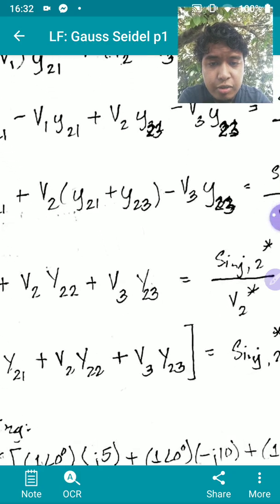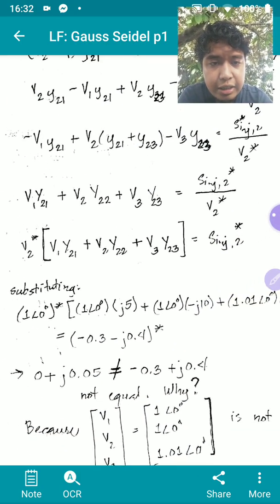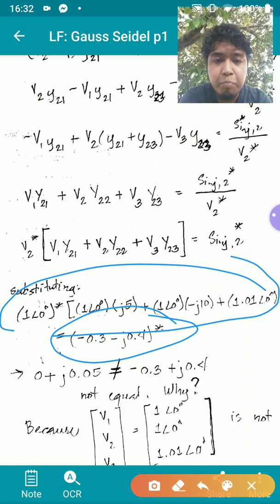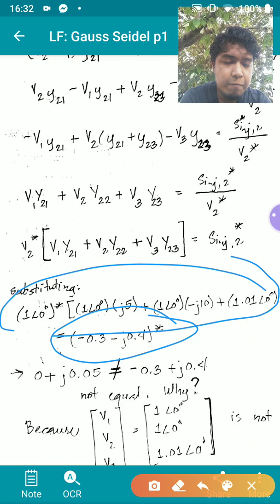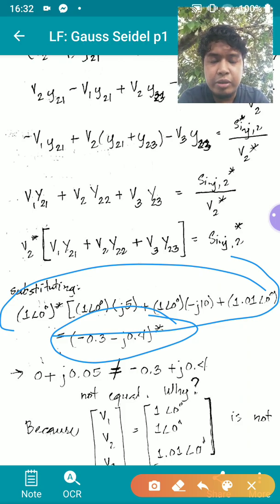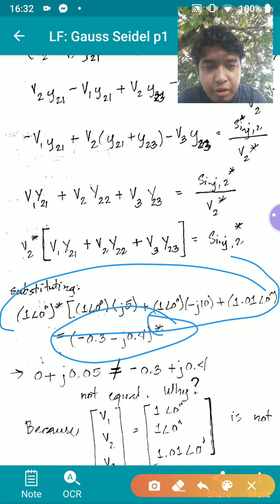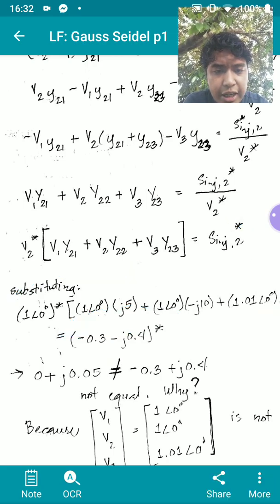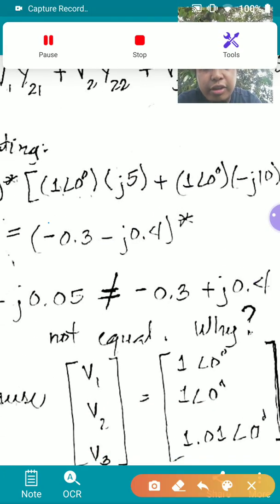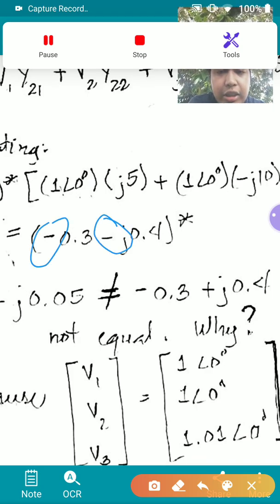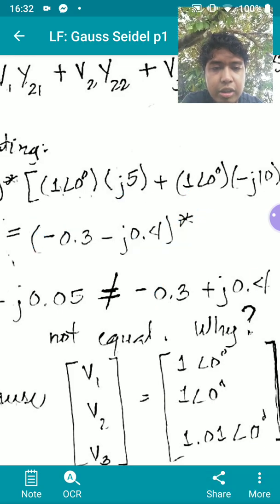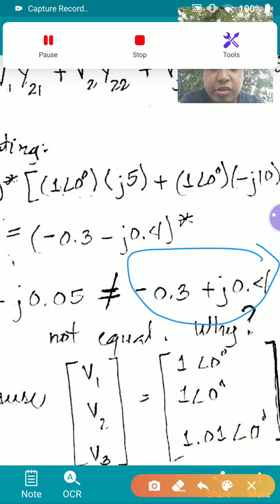That's why when I write this equation, I equated it to a negative 0.3, minus j0.4, because instead of a positive injection, it's a negative injection, it's power drawn. And then you have the conjugate here. That's basically how you interpret this negative. Then you have this whole term conjugated, so that's why you have a negative 0.3 plus j0.4.